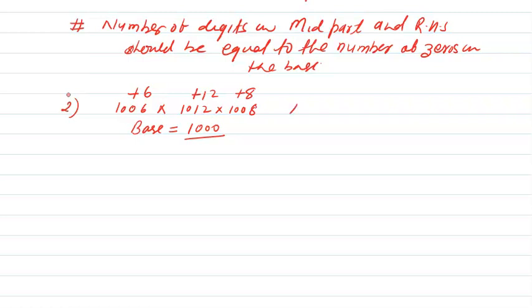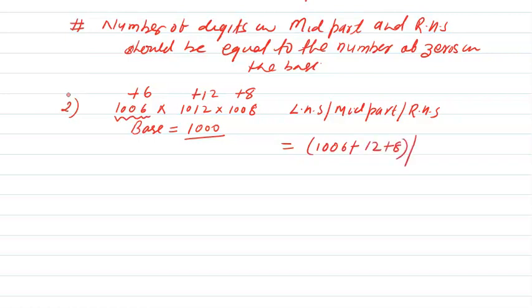The answer actually is written as left hand side part, middle part and right hand side part, right? So I will be writing them directly. So how do you calculate the left hand side part? You take any of the numbers. Suppose I take 1006, so 1006 plus you add the other two surpluses, that is 12 plus 8, that is your left hand side.